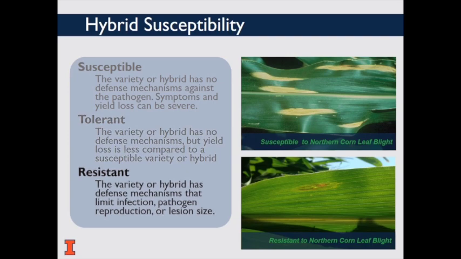A resistant variety has defense mechanisms that limit the infection, pathogen reproduction, or lesion size. Resistance is not always complete, and not all forms of resistance are equally effective, which is why modifiers such as highly resistant, moderately resistant, or slightly resistant are used.